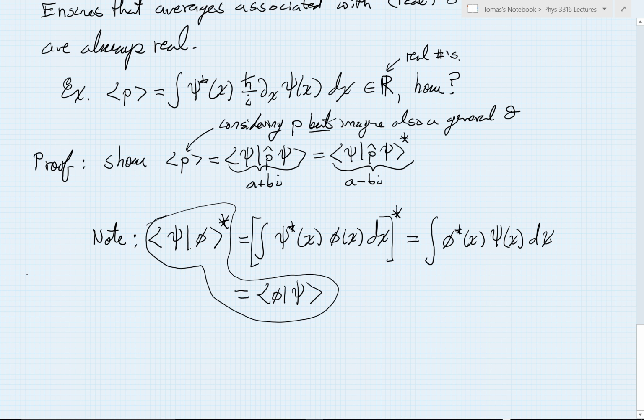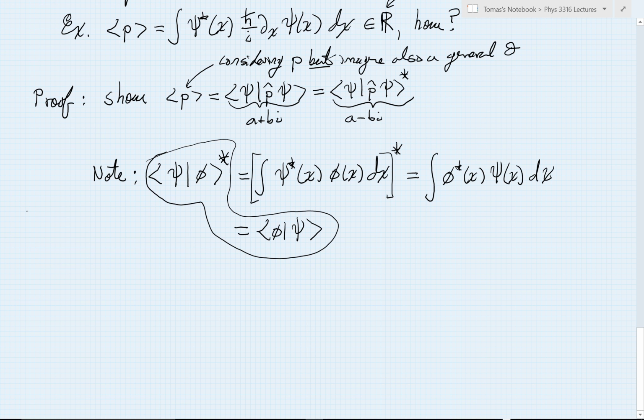Very good. Now, I want us to use this property. So, right, what I want you to see now is that if I can ensure that psi with p hat on psi, right, which is this quantity, if I can show that that equals the same thing but written with these functions in reverse order, where I put p hat psi first and psi second, right?